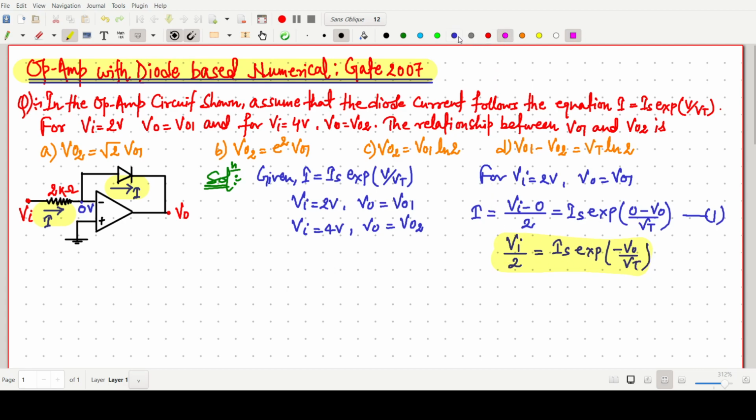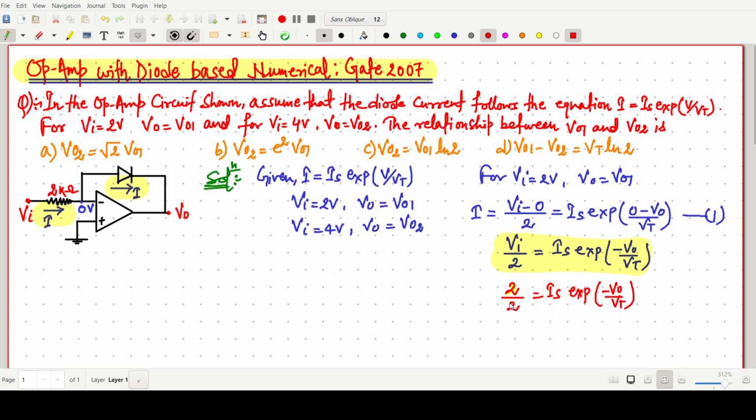Now for Vi 2 volt, we can write Vi equals 2, so 2 by 2 equals Is exp of minus V0 by Vt.